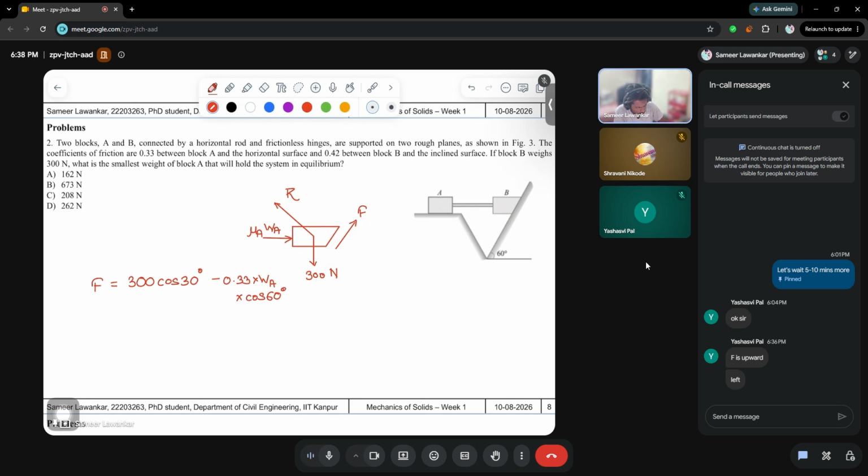This is just simple mathematics I'm doing. Similarly, first I resolved along this direction, and now let us suppose I do it along the other direction, where this is the normal force.